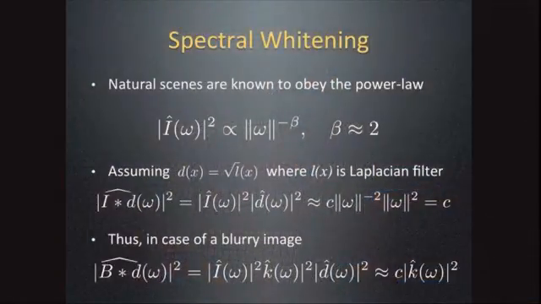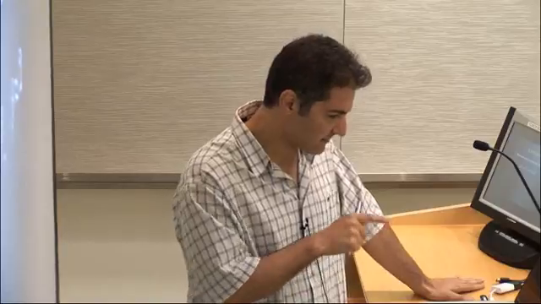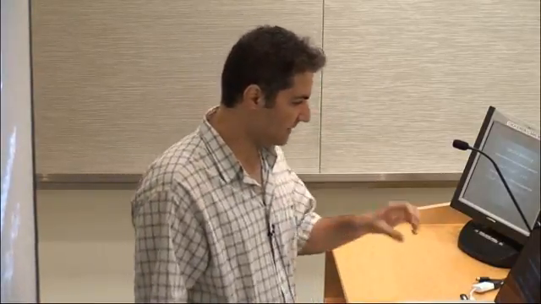There is a well-known power law that people use to describe the fall-off of the power spectrum of natural images. They are supposed to decay like the frequency to the power of 2. So if we believe in this model, we could take the following approach.